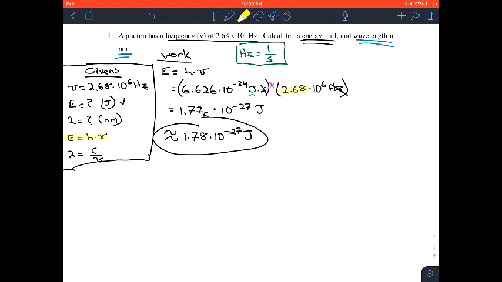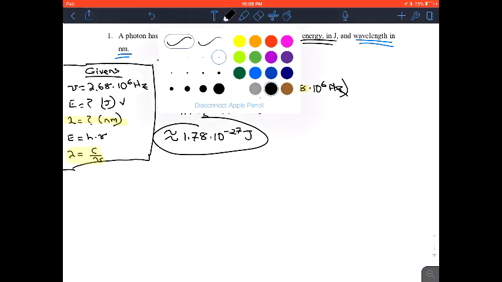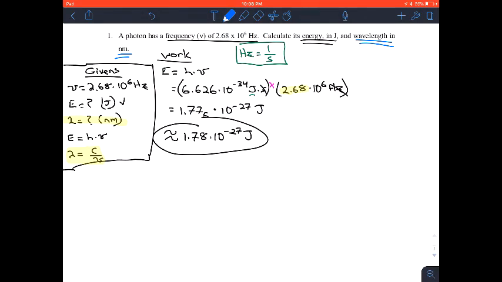To calculate the nanometers, let me just clear this stuff out for us. Nanometers is the wavelength, and we're going to use this equation here. Just to keep everything color-coded, I'm going to do wavelength in blue.